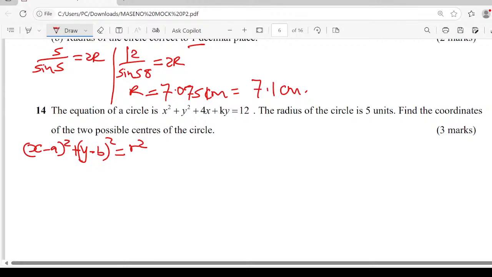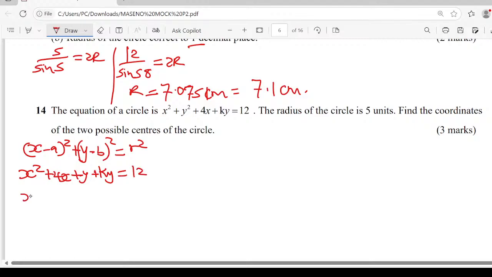So having that as our concept, if I rearrange this, it can be x squared plus 4x plus y squared plus ky being equivalent to 12.